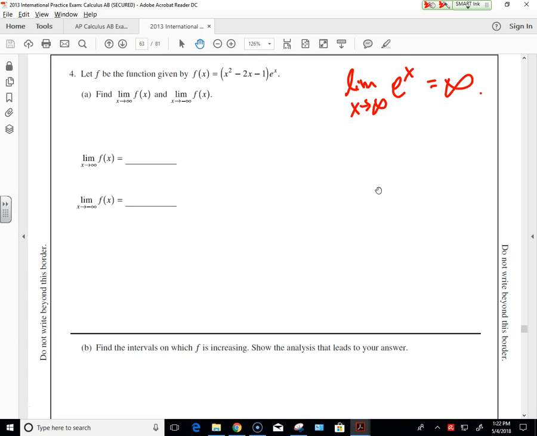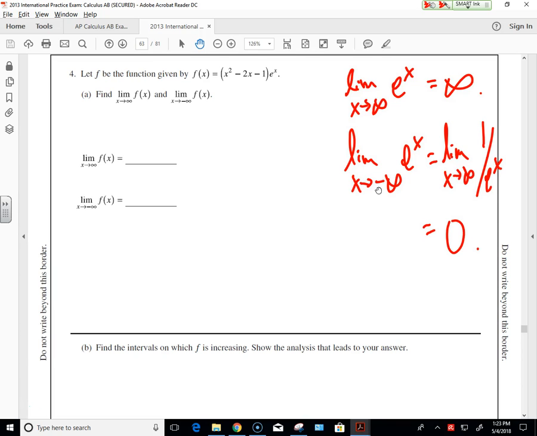There he is, he's up there. But what's the dilemma if I'm going to negative infinity? Oh, it's a negative power. What's going on with negative powers? It's 1 over. If it's 1 over, who wins? Bottom wins.